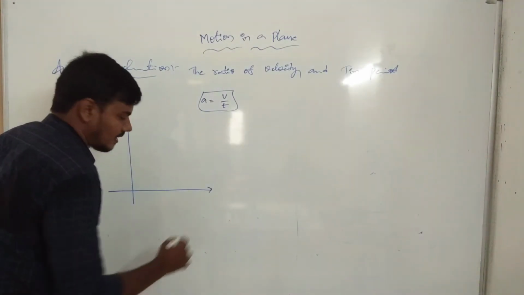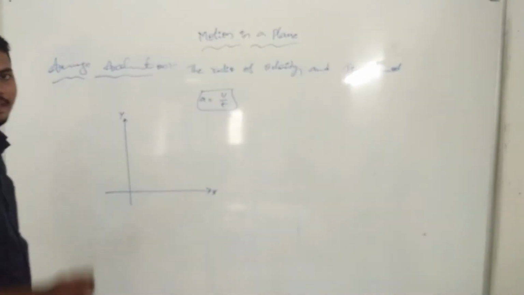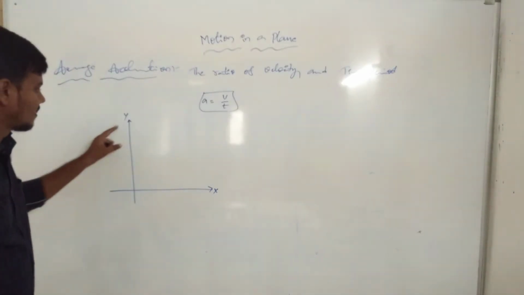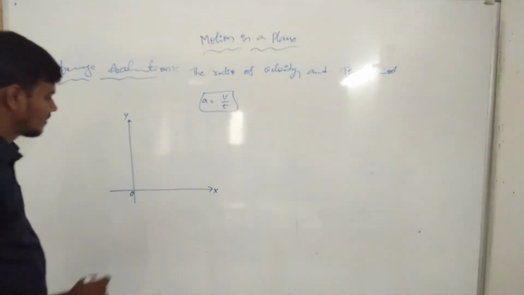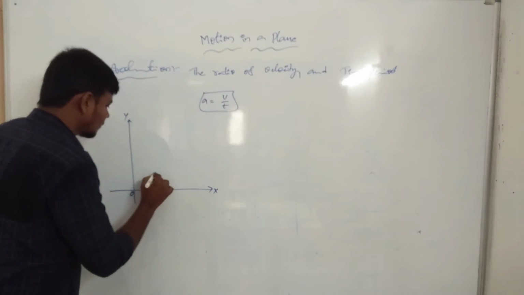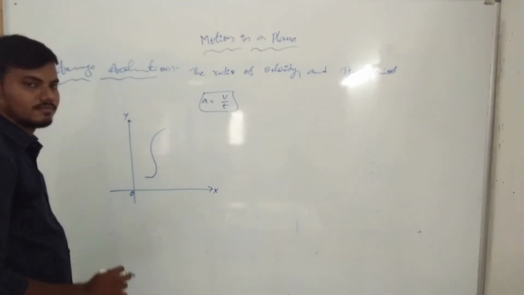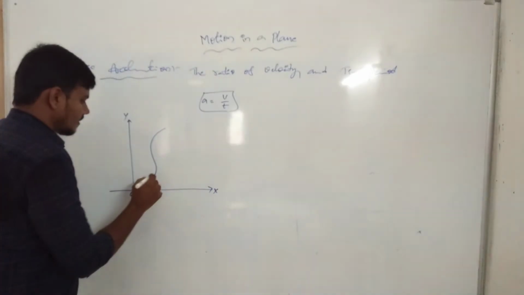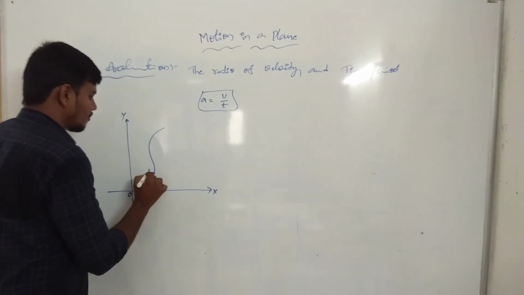Now this is the graph, with the x-axis and y-axis. This is the origin point. This is the graph part. For example, this is the position P1.